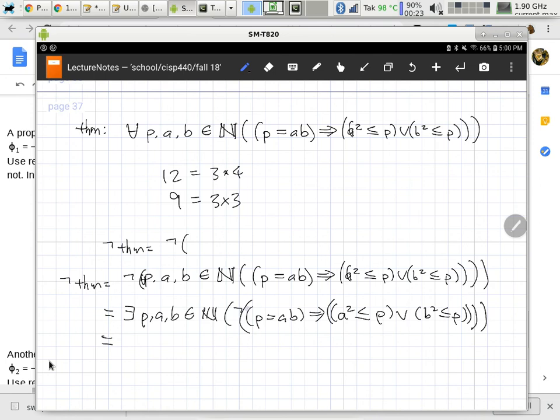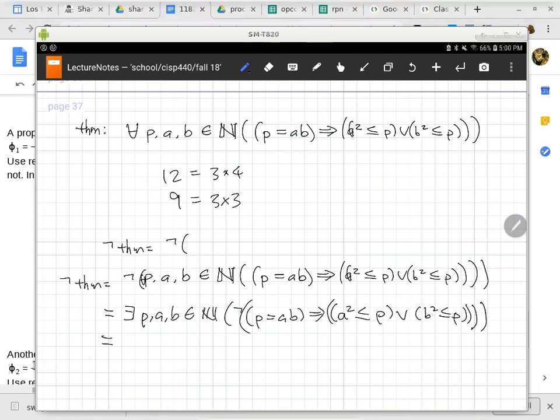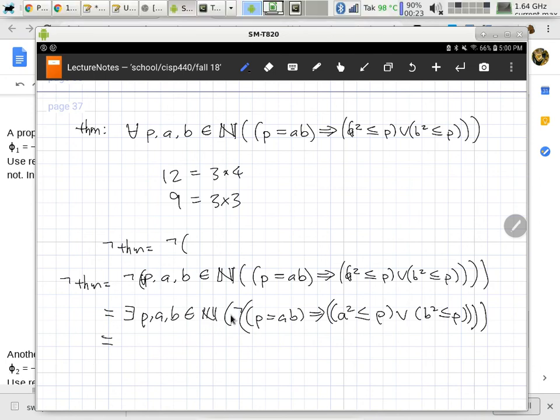So now you look at this negation. Let me show you which negation we are talking about. So now you look at this negation and say, okay, we need to negate this whole implication. When you negate an implication, you have to first get rid of the implication, turn it into negation and or.